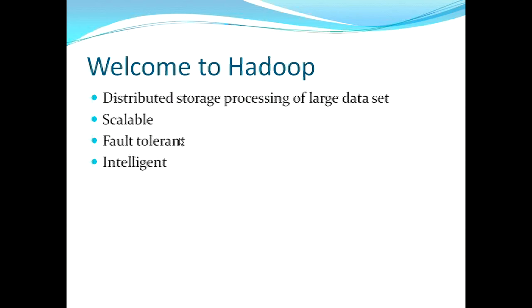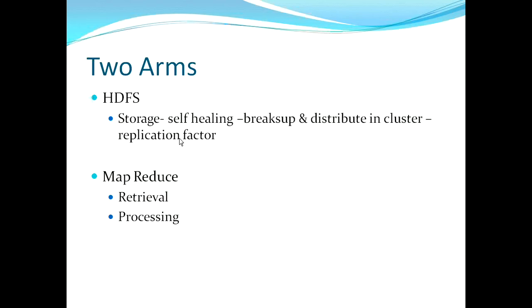A key aspect of the resilience of the Hadoop cluster comes from the software's ability to detect and handle failures at the application layer. Two main subprojects are there in Hadoop: HDFS and MapReduce. MapReduce is a framework that understands and assigns the work to the nodes in a cluster.